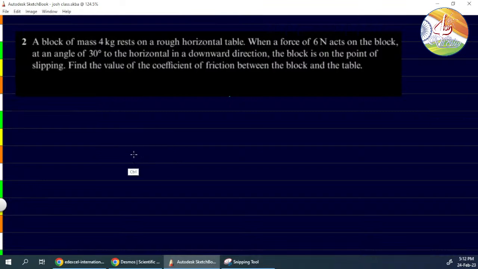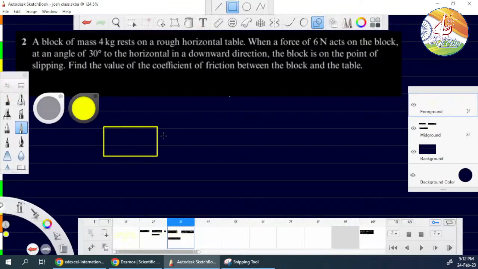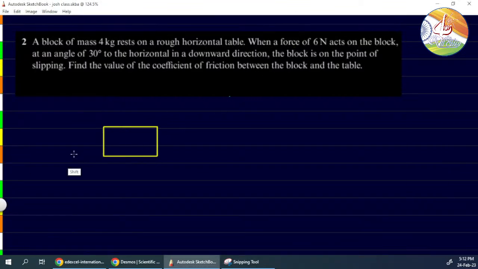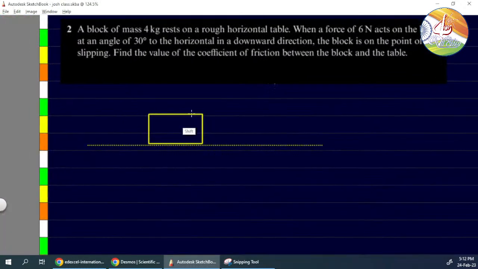So again, let's say block, let's give it a rough rectangular shape. This is the rough horizontal surface. The forces on this: downward force, 4g, and a force of 6 newtons acts on the block at an angle 30 degrees to horizontal in downward direction.